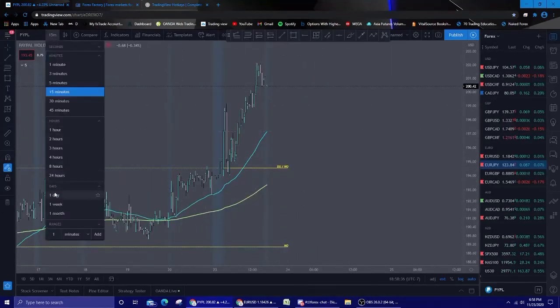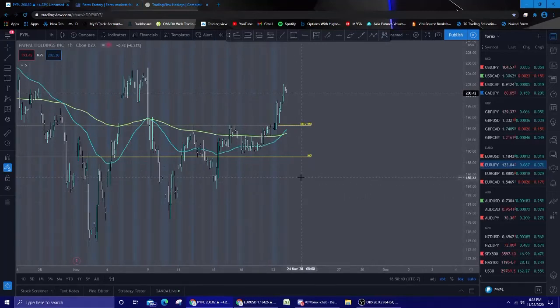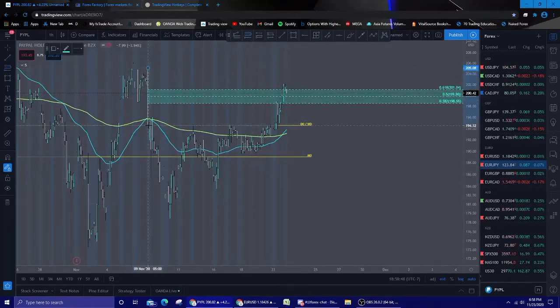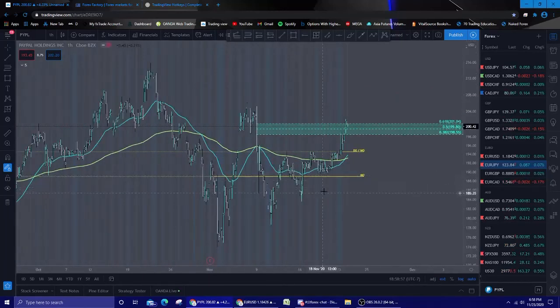Let's go to the hourly. Ooh, this is a tough one. So we have this institutional candle. Yeah, I don't know about this one. To me, this is kind of a hard chart to read.